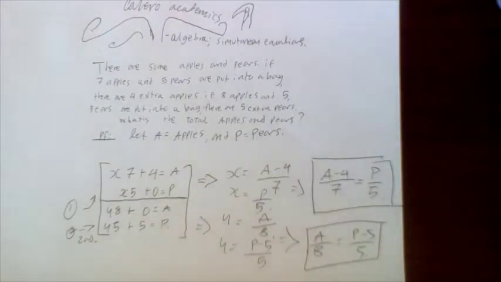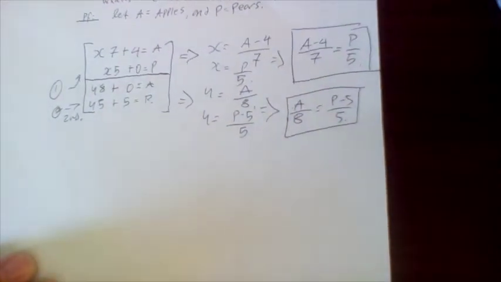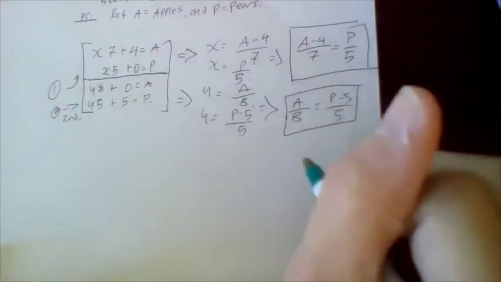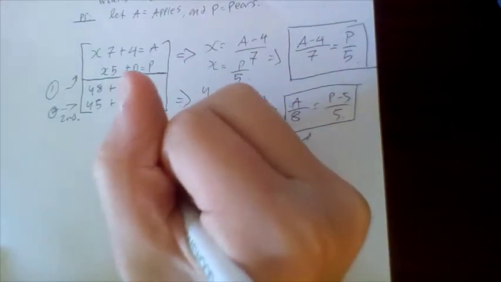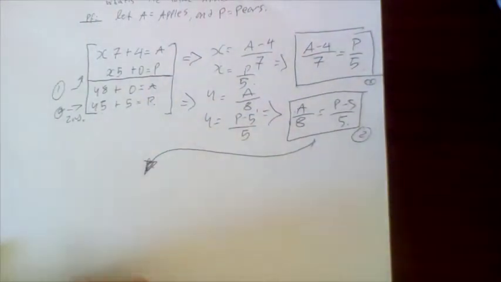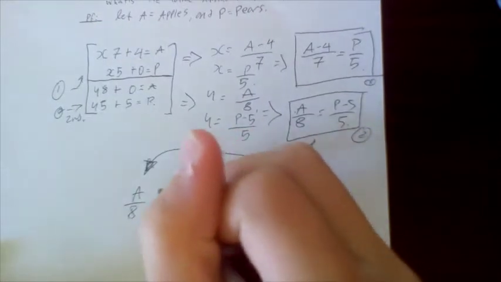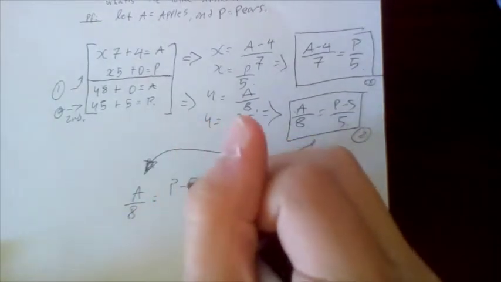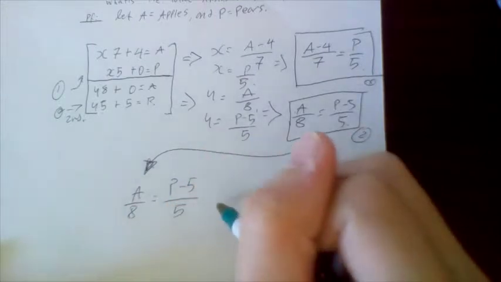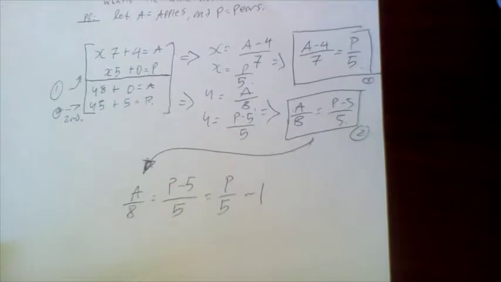Now, we need to do something with these two equations. So what we do now, we take equation 2 and equation 1. We notice that A on 8 is equal to (P minus 5) on 5, which is just equal to P on 5 minus 1.